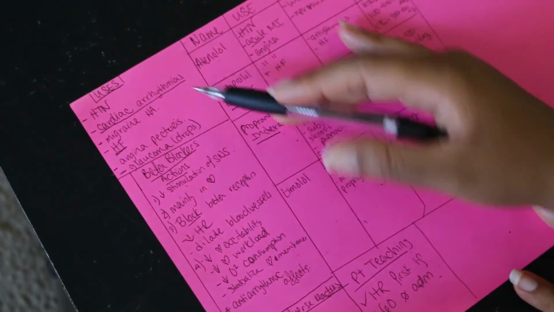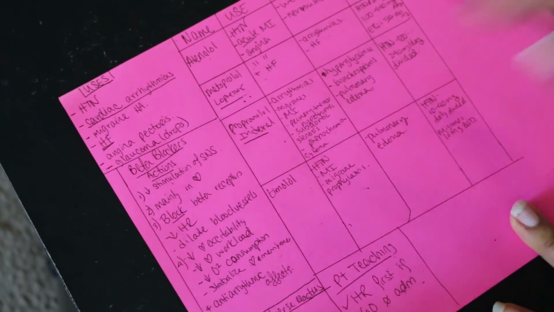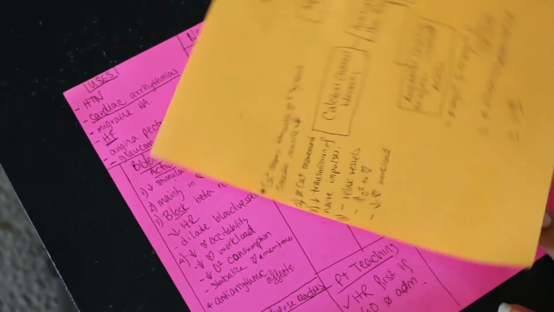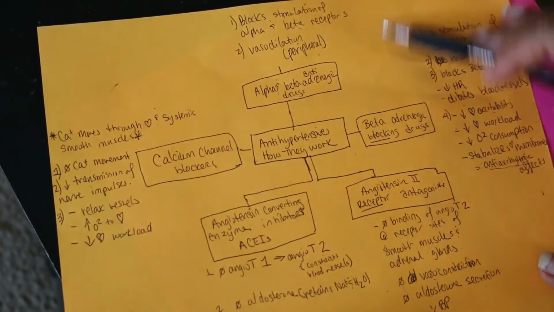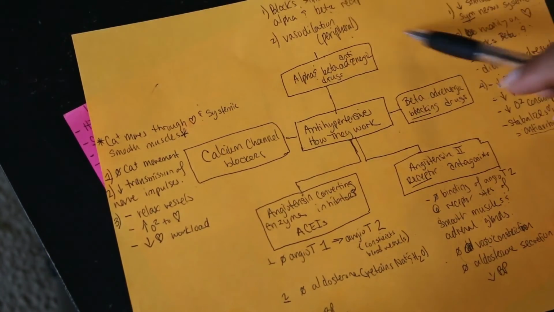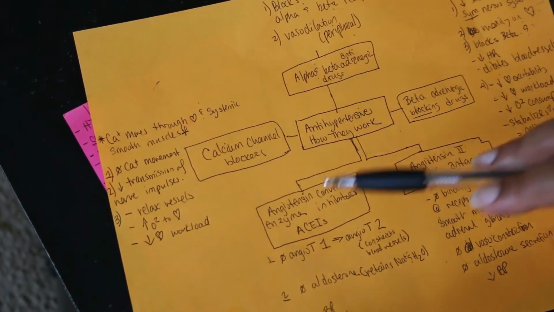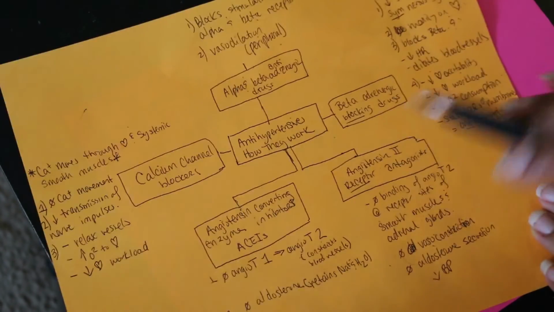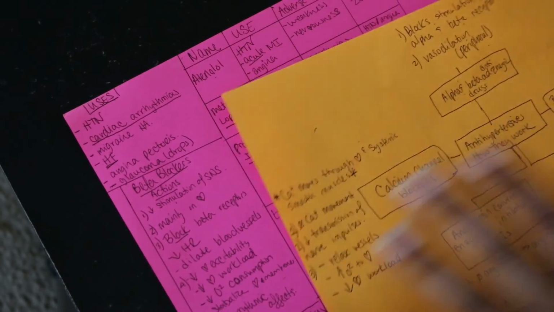Okay, so this is our chart that we made for beta blockers. Once again, if you want to see this chart, go watch this video. It's about the actions of antihypertensives, how they act in your body. We put it down to 5 different classes. And you could do the same thing. Instead of doing this chart for all of them, you could just do this for each one.